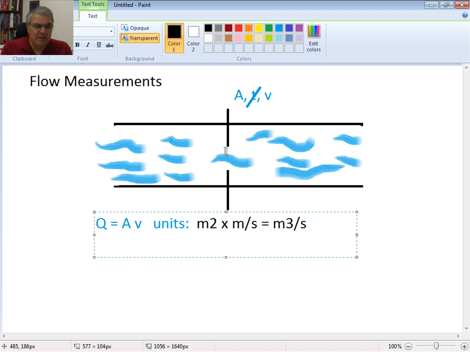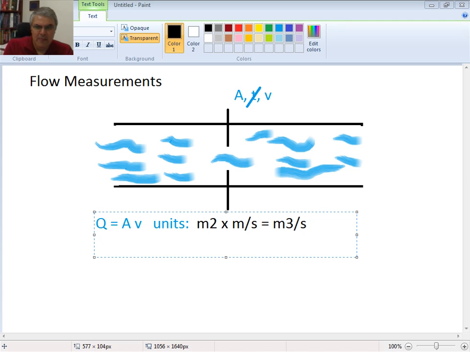The V that I just discussed here is the average velocity. The cross-sectional area is pretty much constant, and the Q would be really the average flow rate. So this flow rate is calculated using the average flow velocity and the area of the pipe.